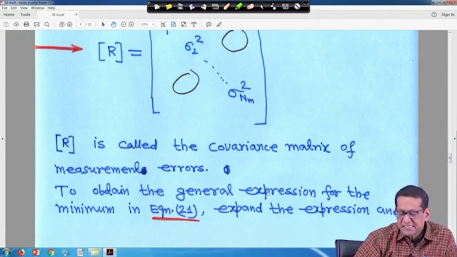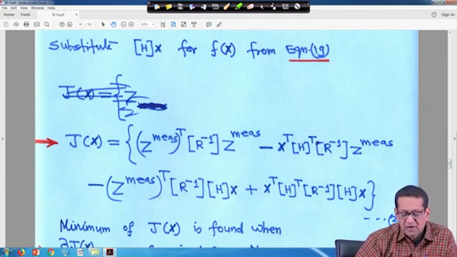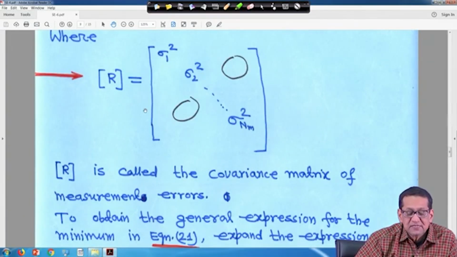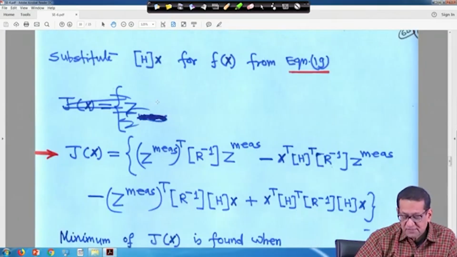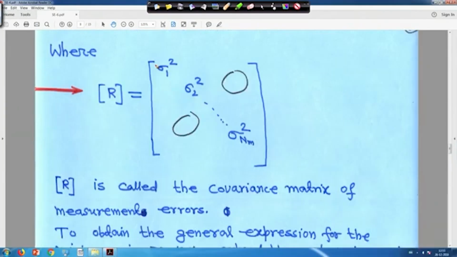To obtain the general expression for the minimum, expand the expression. Just 1 minute, this is R inverse. We have taken sigma 1 square, sigma 2 square, and so on.